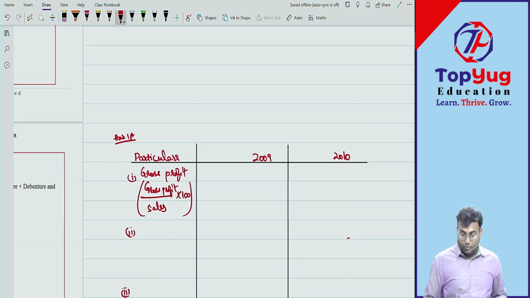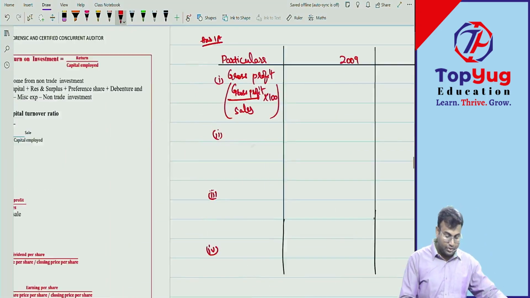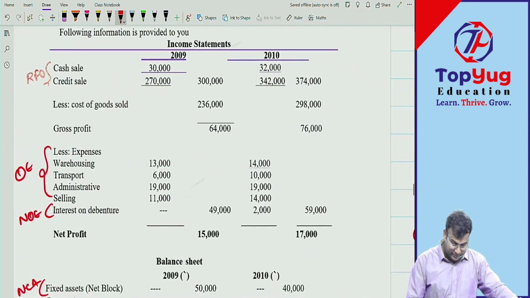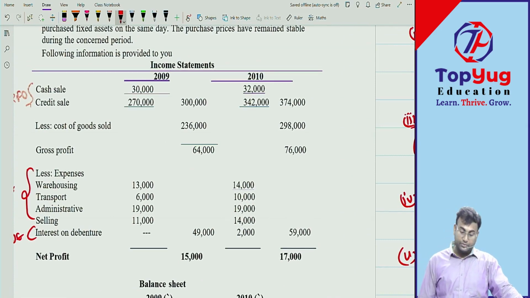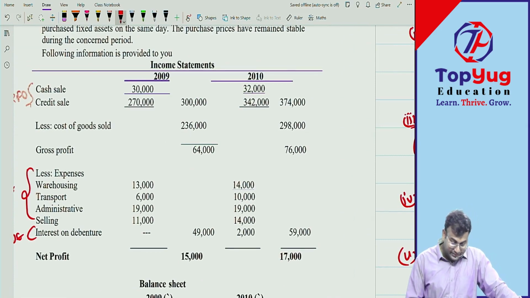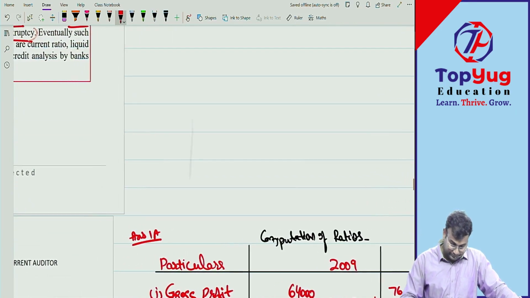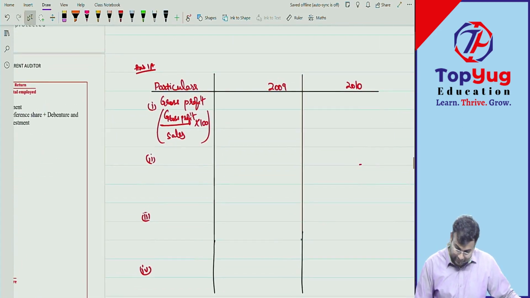Can you tell me what the values are for 2009? How much is my gross profit here? 64,000. Is it 64,000 divided by total sales of 3 lakhs, into 100?